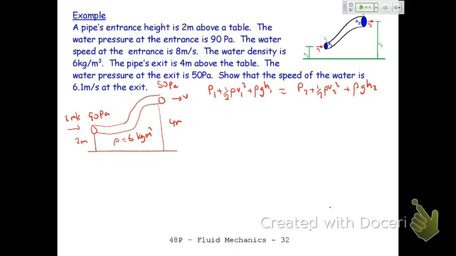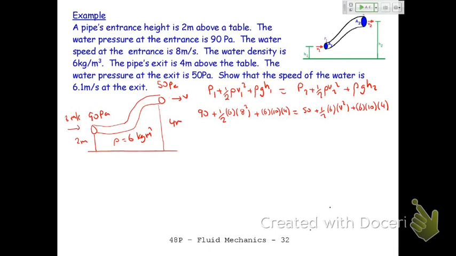It's basically 90 plus 1/2 times the density of the fluid, which is 6, times the velocity squared, which is 8 squared, plus 6 times 10 times 2, is equal to 50 plus a half times 6 times, I want that v, so I'm going to call it v squared, plus 6 times 10 times 4.